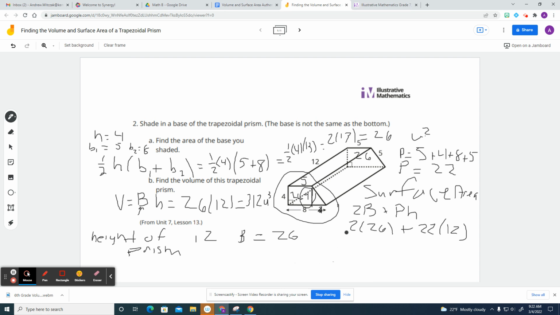So I'm going to simplify that: 2 times 26 simplifies to 52, plus 22 times 12 gives us 264. So 52 plus 264 gives us an overall surface area of 316 square units. So I'm going to write U with a 2 on it.